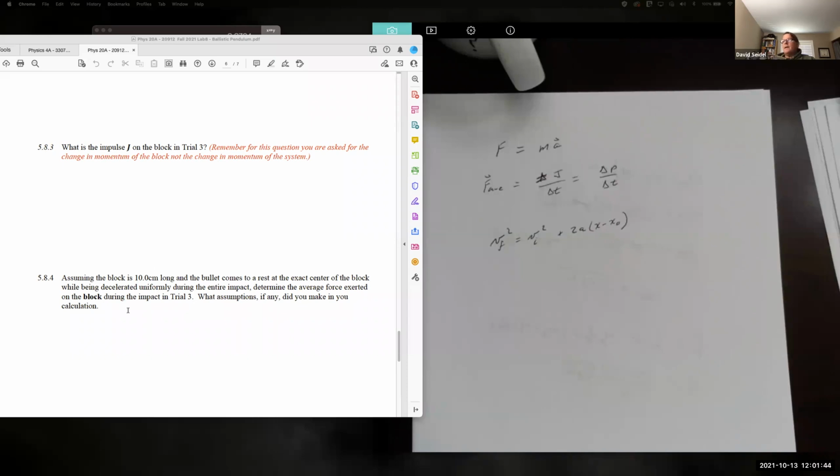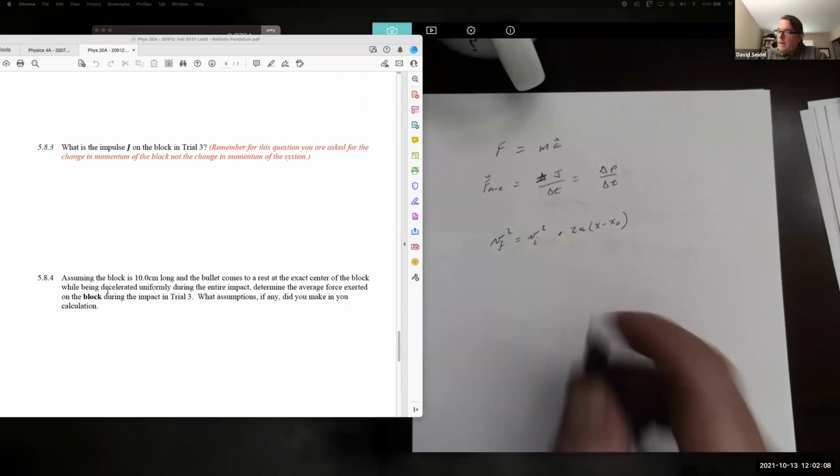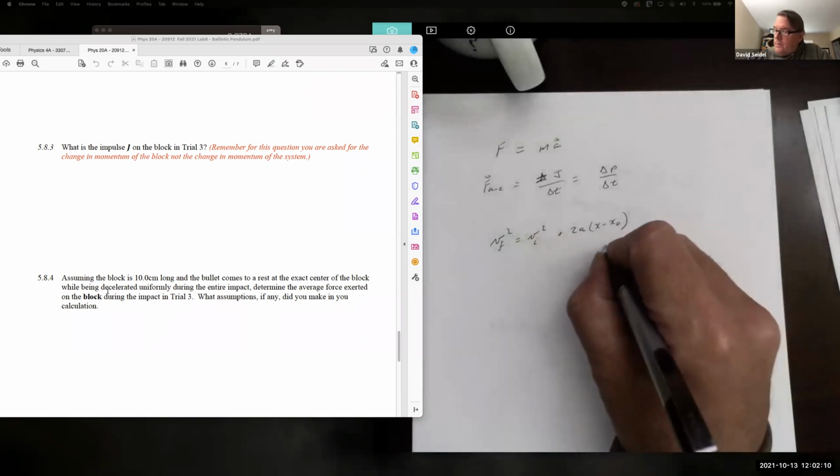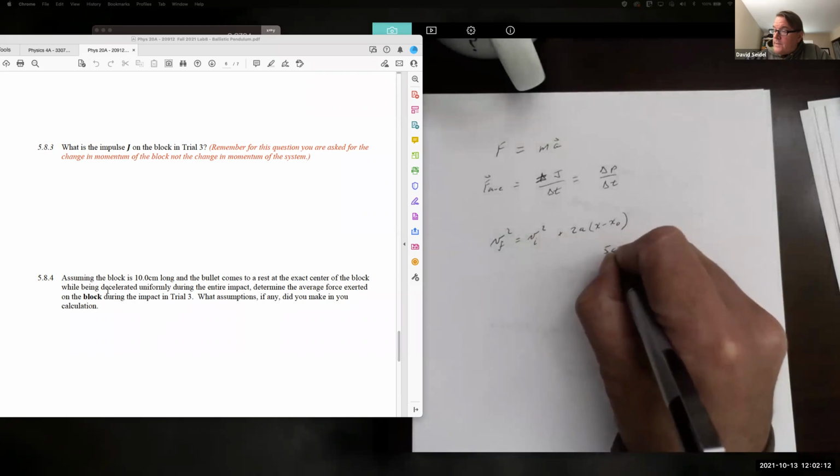In fact, on here, I said, assume the block is 10 centimeters long and the bullet comes to rest at exactly the center of the block, and will be decelerated uniformly. Right? So x minus x0 is 5 centimeters.